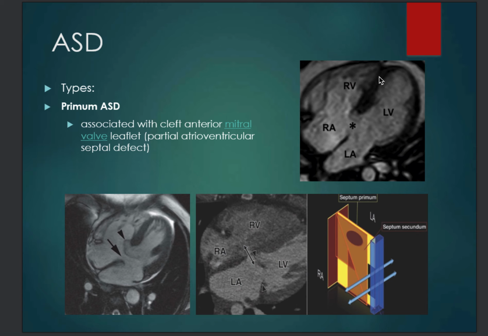In those cases, there is usually an association with another congenital anomaly, so it's very important to comment on the ASD and to check whether there is an associated VSD on the other side. Again, the same hemodynamics as in ASD secundum: the amount of the shunt, whether there is any pulmonary hypertension, and any associated congenital anomalies, especially VSD.